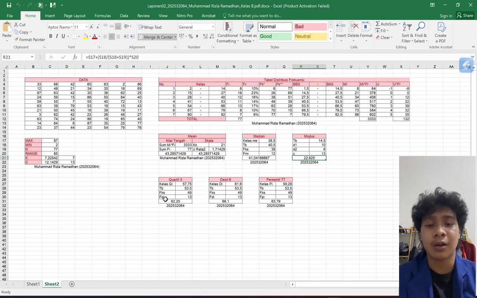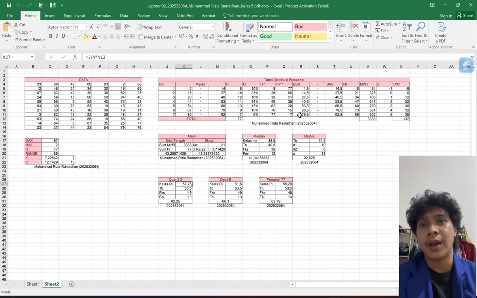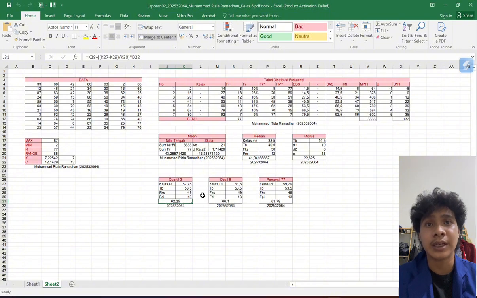I also calculated measures of position. The third quartile, or K3, was determined using the group quartile formula and resulted in a value of 62.25. The eighth decile, or D8, was calculated using the group decile formula and resulted in a value of 66.10.